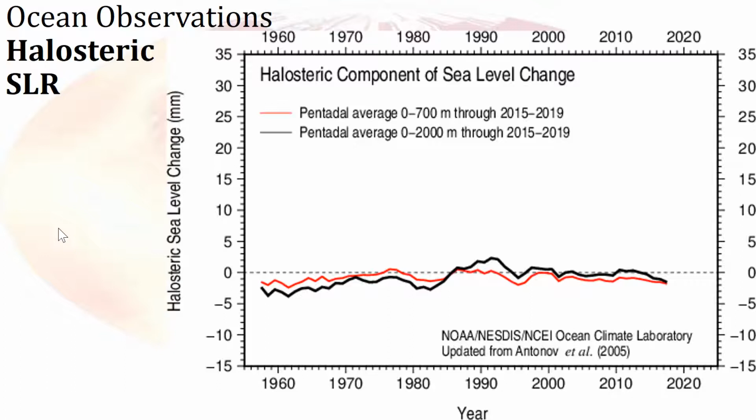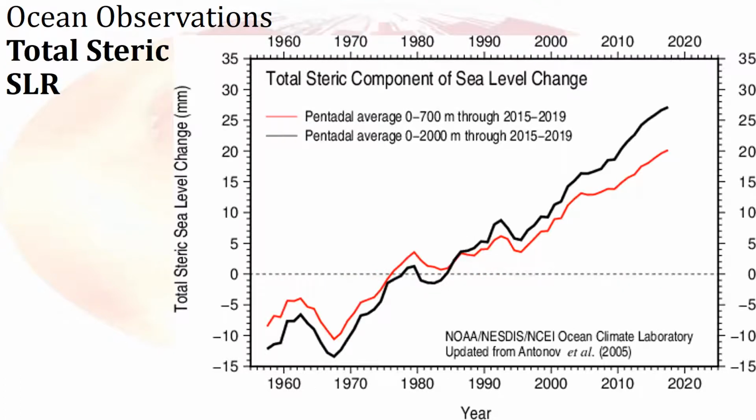We just haven't seen a significant contribution to sea level rise due to changes in salinity. So it looks, I think from 1955 to 2010, it's just not a ton of change, right? So when you look at both thermal and salinity, it's really just the thermal that's kind of driving it.